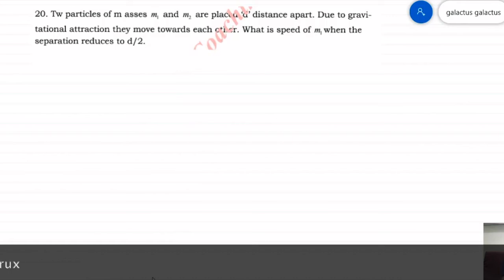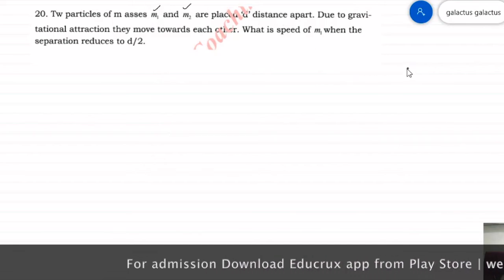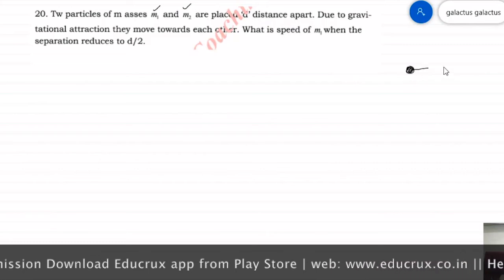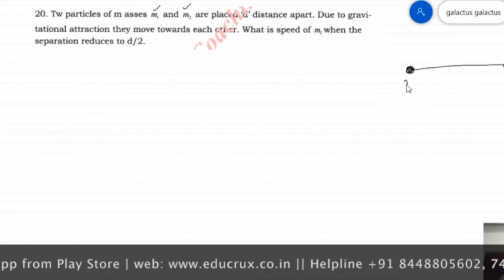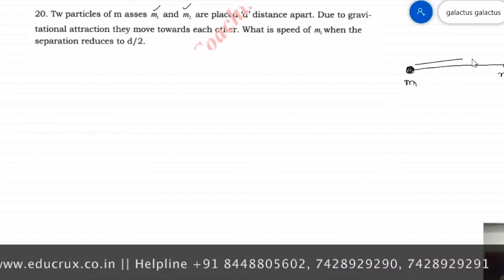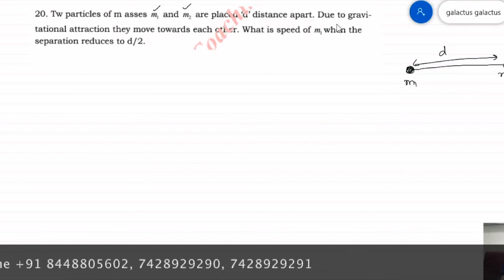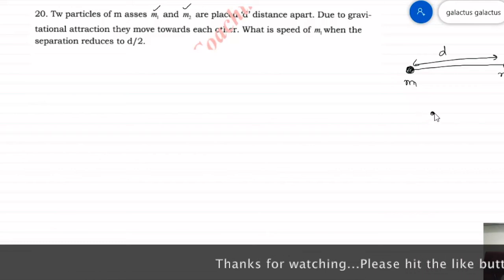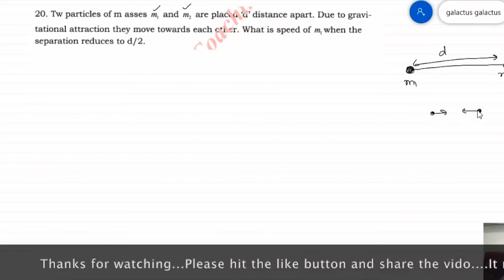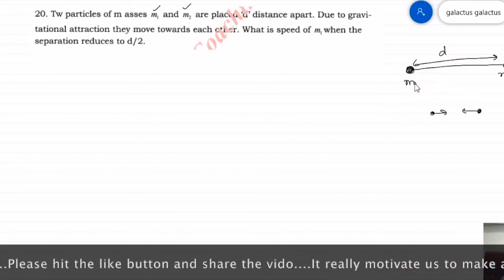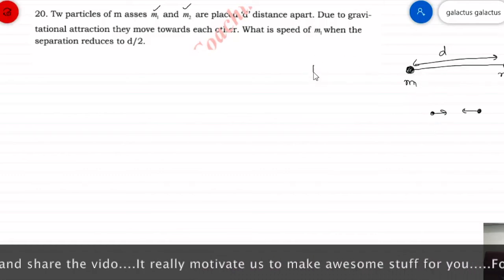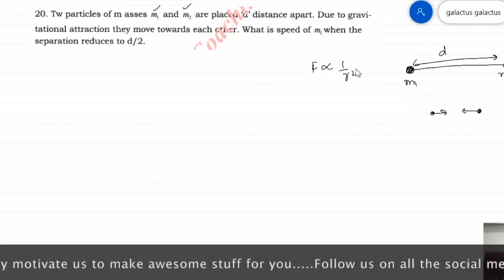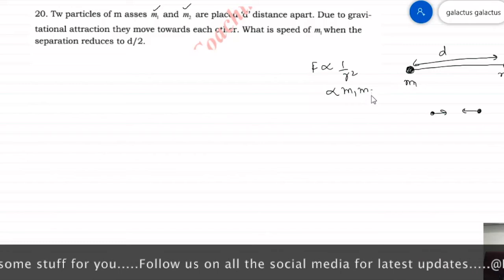In question number 20 we are given two particles of masses m1 and m2, placed d distance apart. Consider this is our particle m1 and m2, put d distance apart, but due to the gravitational interaction between these two bodies, they will approach each other, because the gravitational force of attraction is proportional to 1 by r square and to m1 and m2.